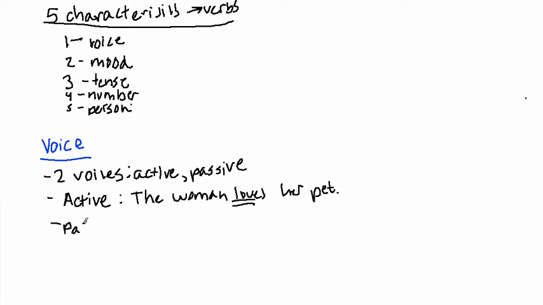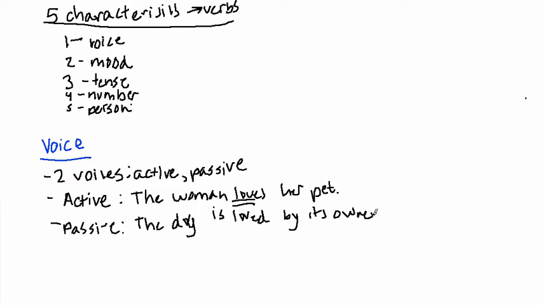The passive goes like this: the dog is loved by its owner. And obviously this would be the verb, but it's having the verb done to it. It's passively being loved.